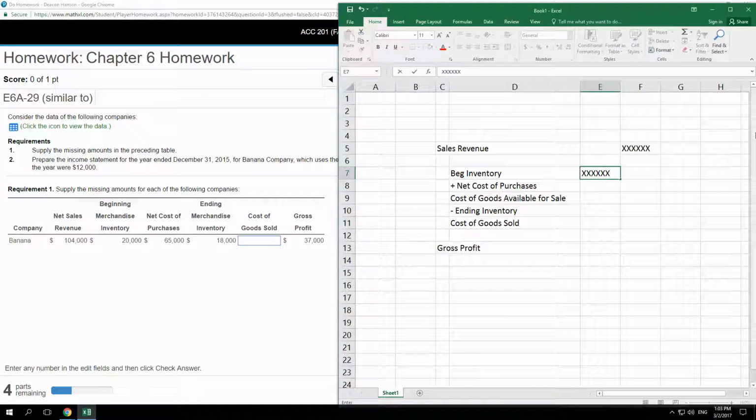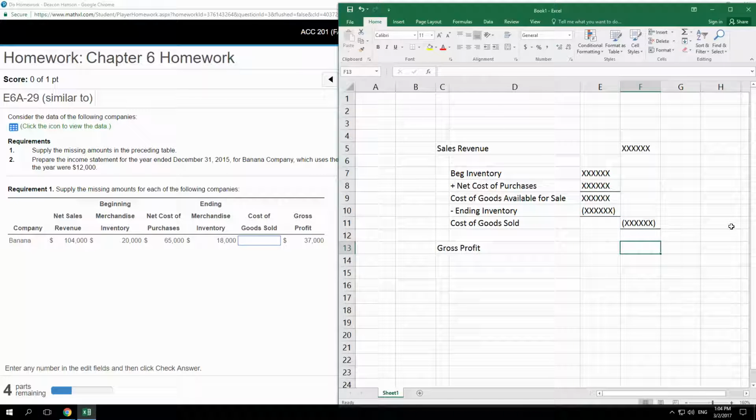We'll just give you an idea of where those numbers go before we actually use this format to solve. We want to use this structure to solve for the missing pieces. Then of course you're going to be subtracting the ending inventory to get down to cost of goods sold, but that cost of goods sold would sit out here, and I'm going to put it in parentheses just because I subtract cost of goods sold from my sales revenue to get down to my gross profit.